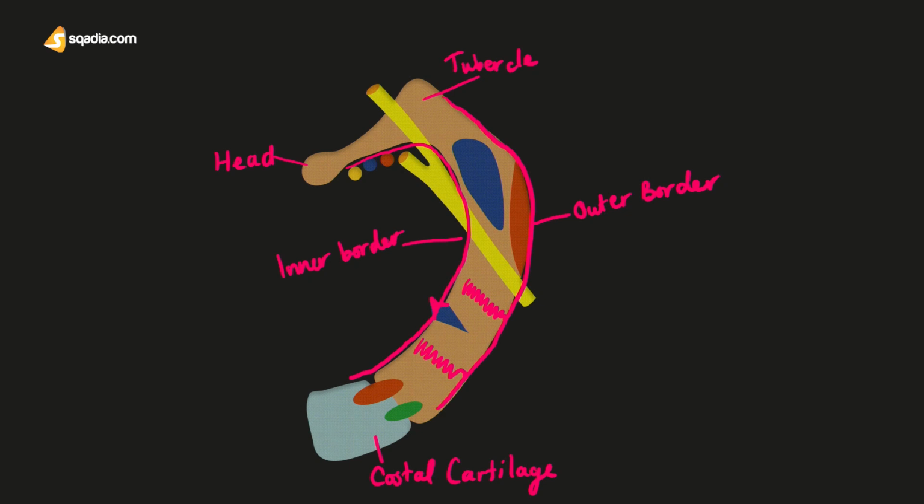This is the costal cartilage. This is the head. This is the tubercle, the outer border, the inner border, and the two grooves. And here's another tubercle. So now let's get into detail about all of the structures. I'm going to erase all of these just so it doesn't confuse you.